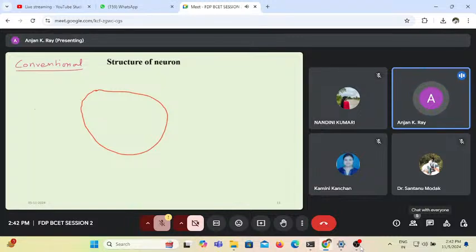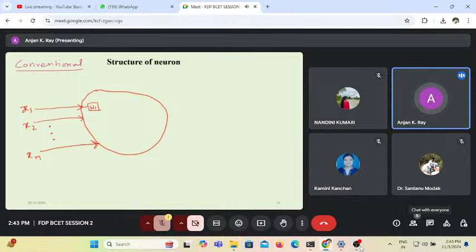This neuron has some inputs, x1, x2, and like this, I have m number of inputs. Now, for this neuron to be activated, each input is associated with a weight.